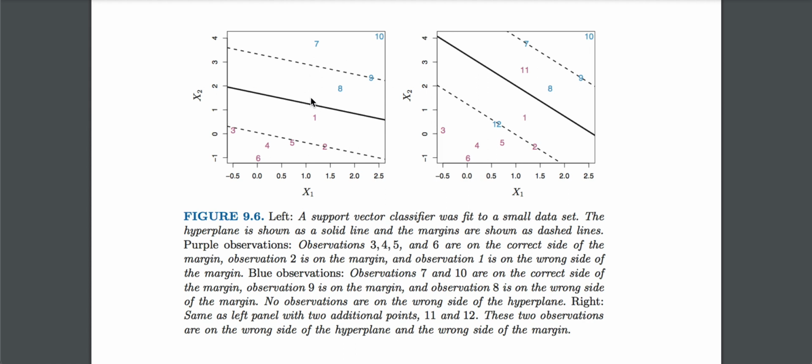Blues are on this side, reds are on this side. Most observations are also on the correct side of the margin. However, a small subset of observations are on the wrong side of the margin. Again, this is our hyperplane, and this is our margin, and numbers 1 and 8 are on the wrong side of the margin.